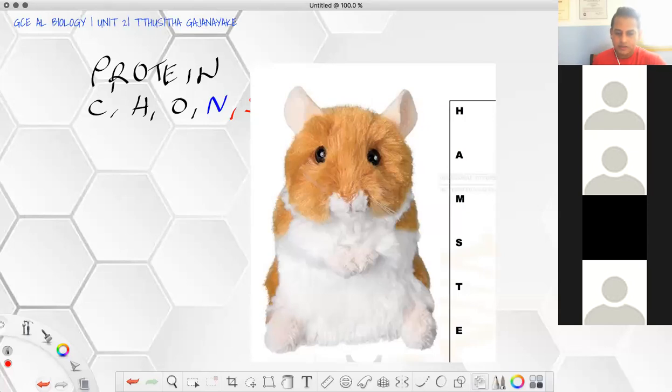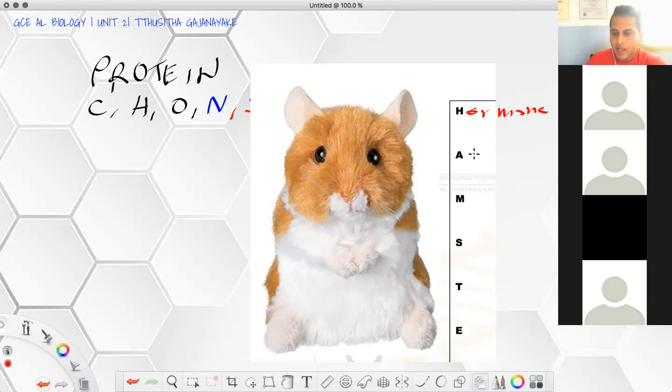Yes, it has many functions. It is a hormone. The proteins are hormones apart from the steroid hormones like estrogen, progesterone, and testosterone. These are the main important three hormones, steroid hormones. The rest of the hormones are proteins.